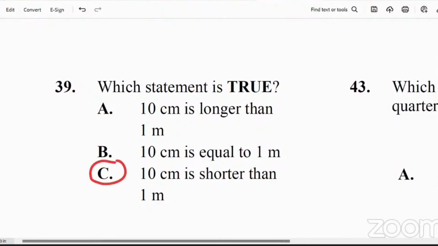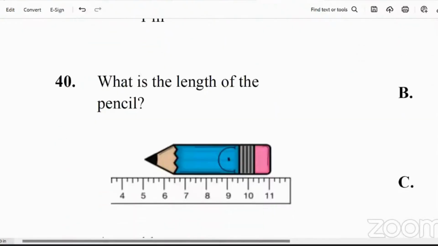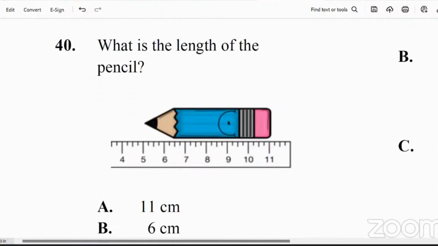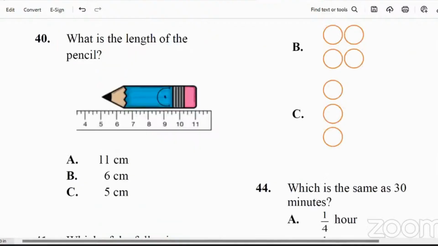All right, let's get to question 40. What is the length of the pencil? Is it 11 centimeters, 6 centimeters, or 5 centimeters?